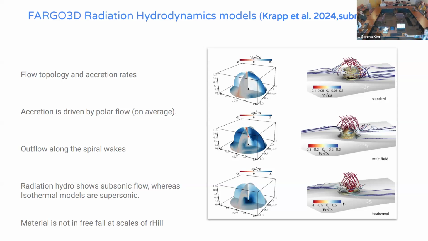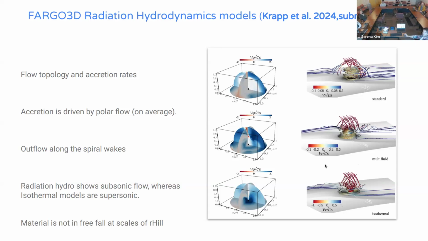Red means inflow, blue means outflow. So material is coming through polar regions, and some of the material is escaping through spiral waves that are excited by the planet. It's clearly non-axisymmetric, so taking these azimuthal means is somehow misleading.